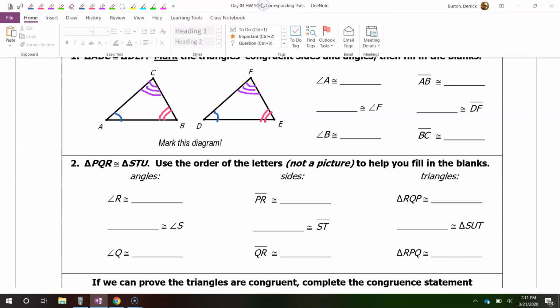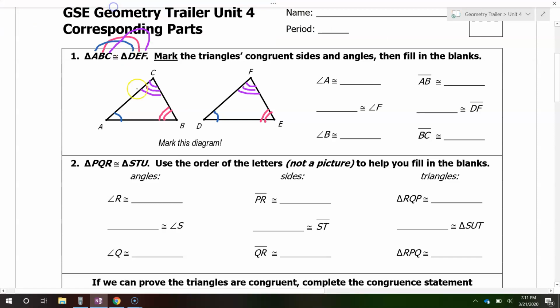Also, though, the corresponding sides are congruent. So between the single and the triple, that's going to be here and here. These sides are congruent. Or I could think of it this way. Side AC is going to be congruent to side DF. See how the order matters?